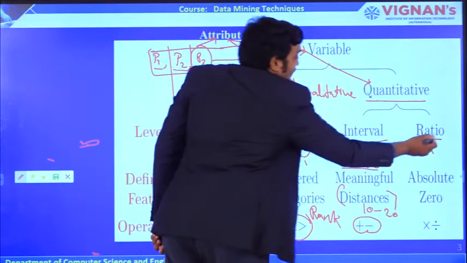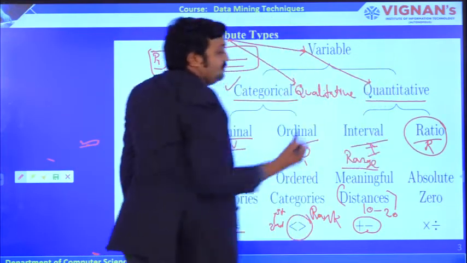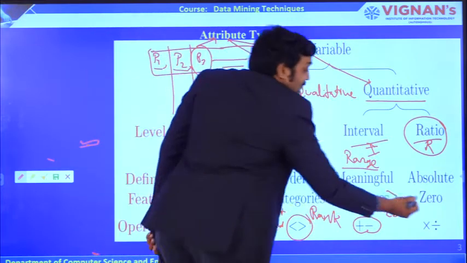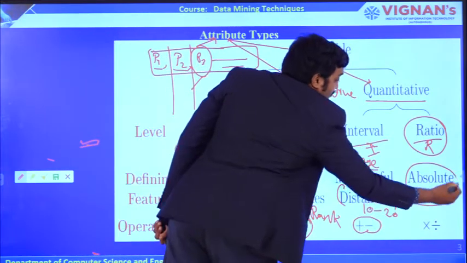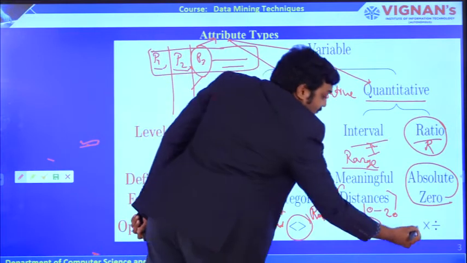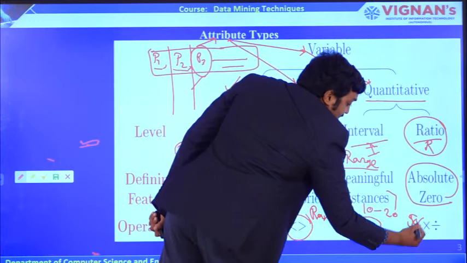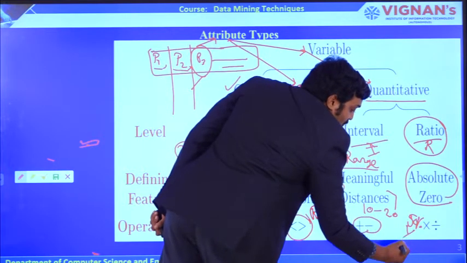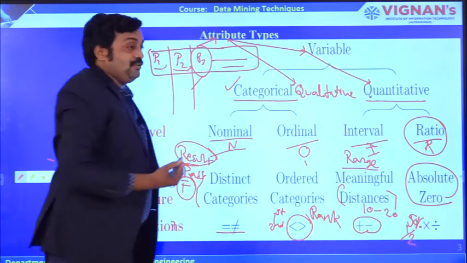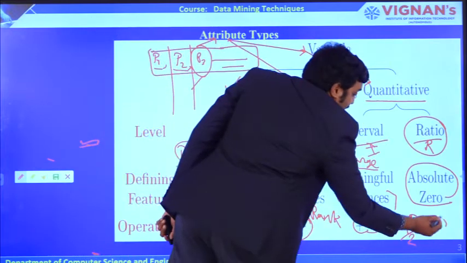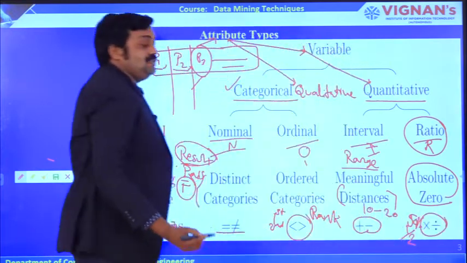Whereas ratio is nothing but the percentage. We get absolute zero values, like if I want the percentage, 50%, that is a ratio, that means 1/2. We can get the absolute value, and we can perform arithmetic operations like multiplication and division.